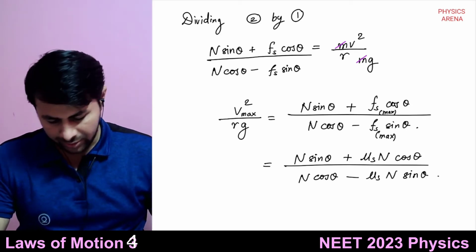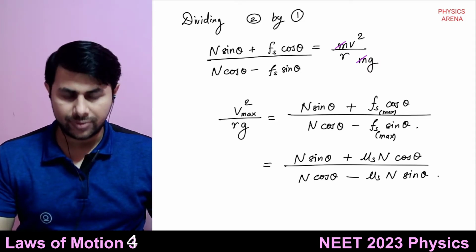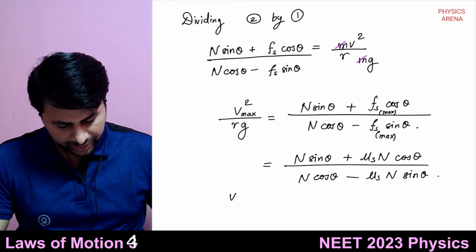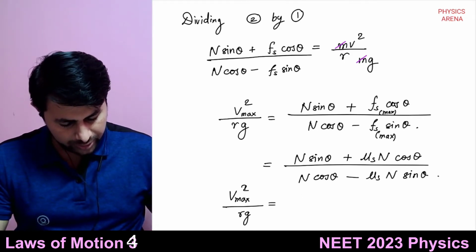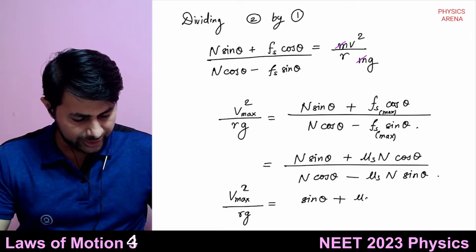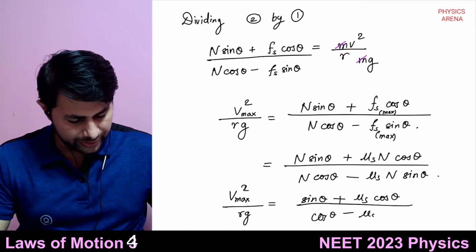You can take n common and cancel it out from all terms. So you get v max square upon rg is equal to sin theta plus mu s cos theta divided by cos theta minus mu s sin theta.